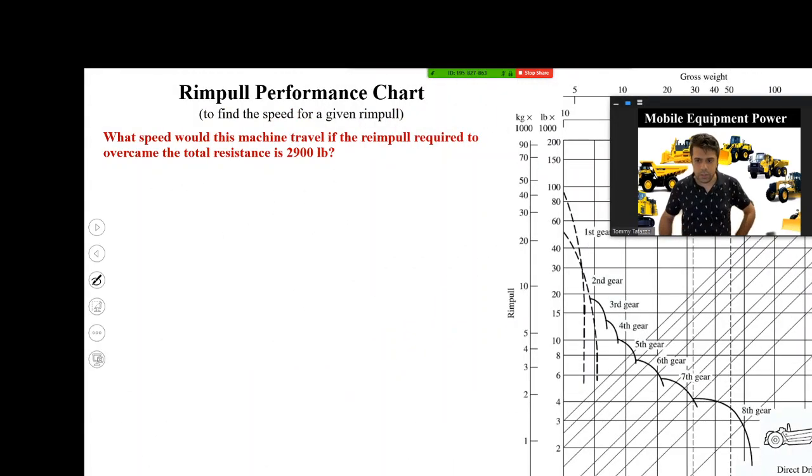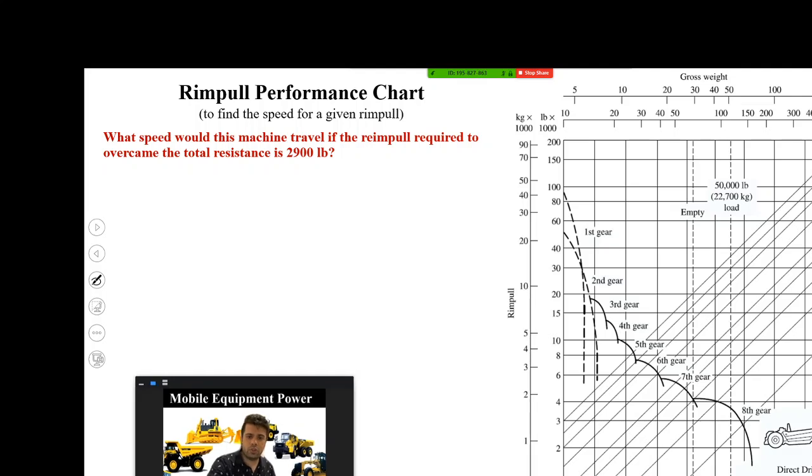All right. So this is the first chart that we will discuss, the rim pull performance chart. You might think, oh, there's too much information in this chart, but actually it's very straightforward to use. So I tried to put it in an example or a question.